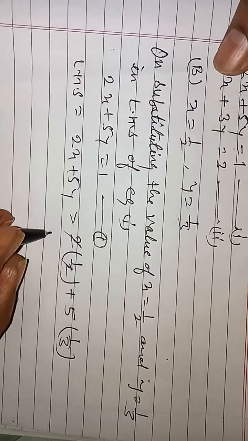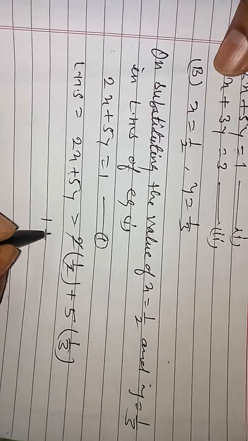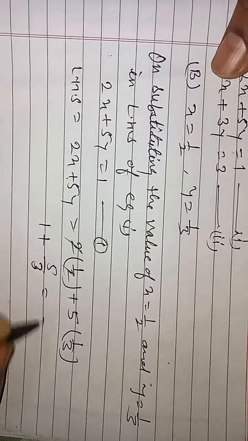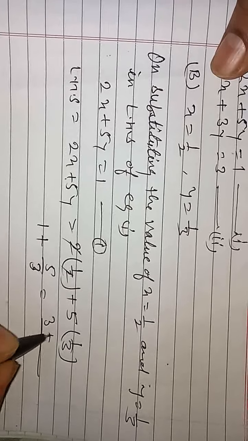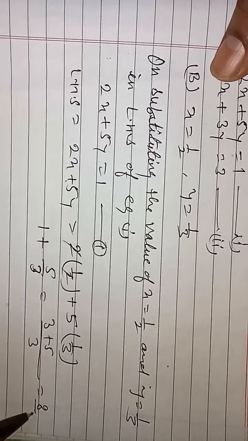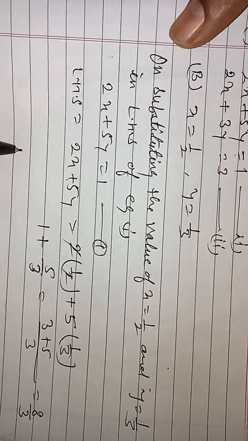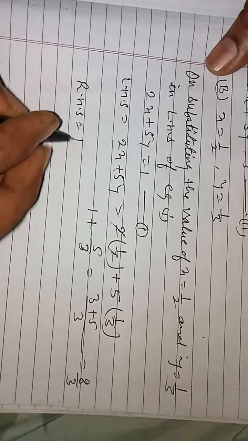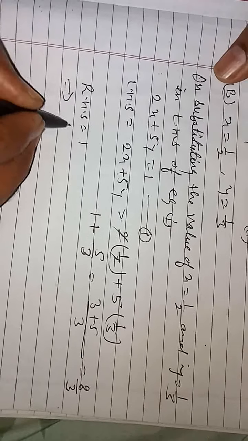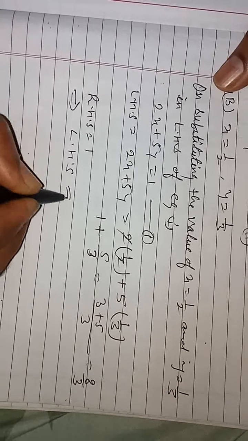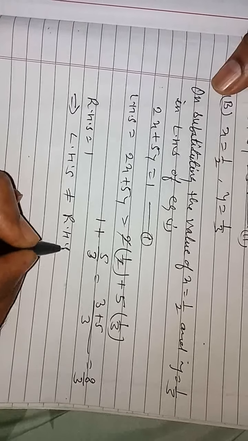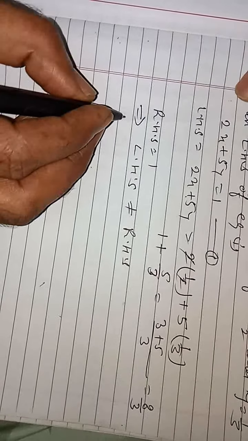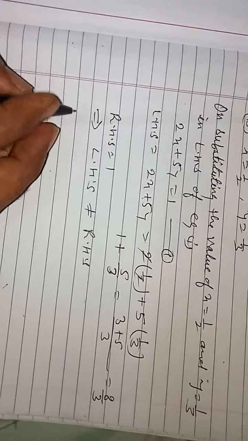2 cancelled, and 1 plus 5/3. So 3 plus 5 is equal to 8/3. But RHS is given 1. This show that LHS is not equal to RHS. Now I go to second equation.